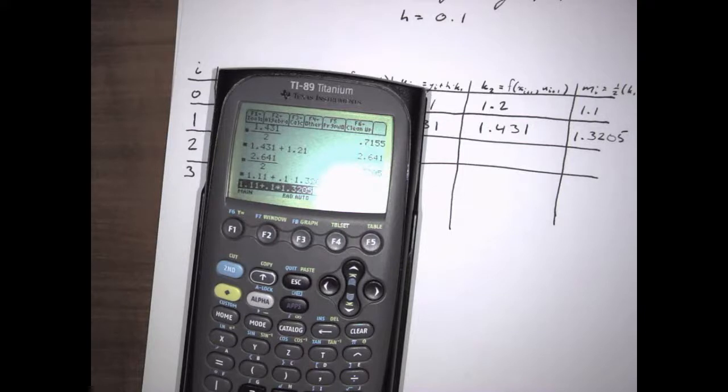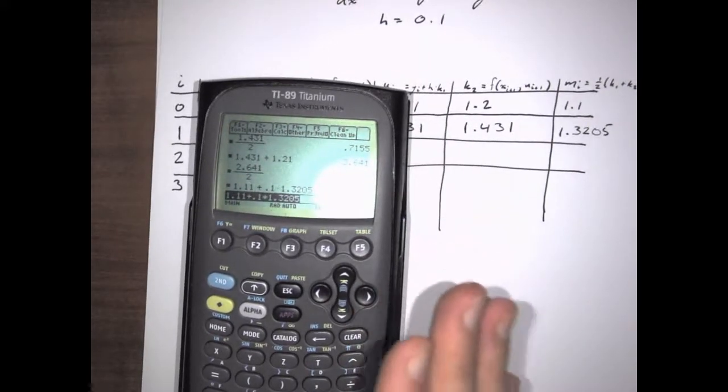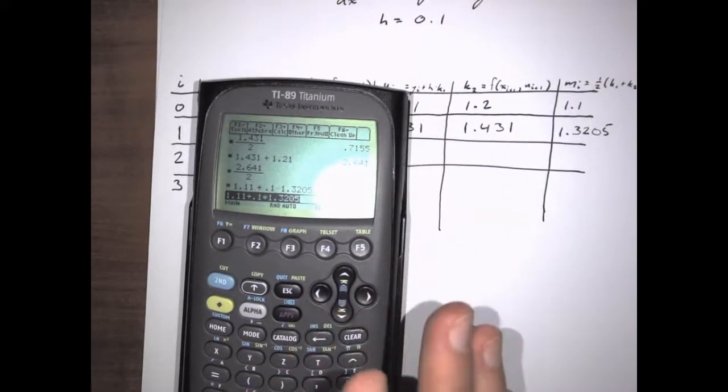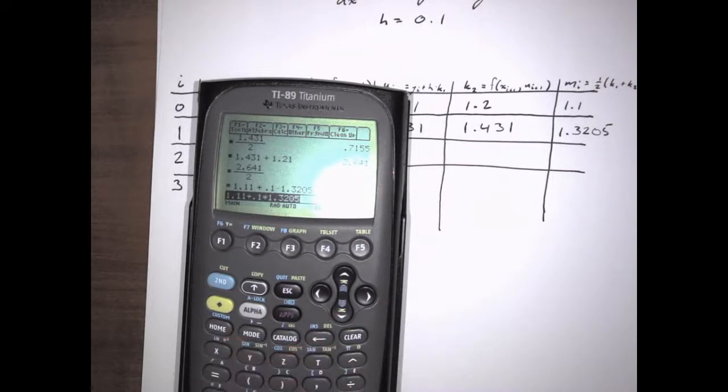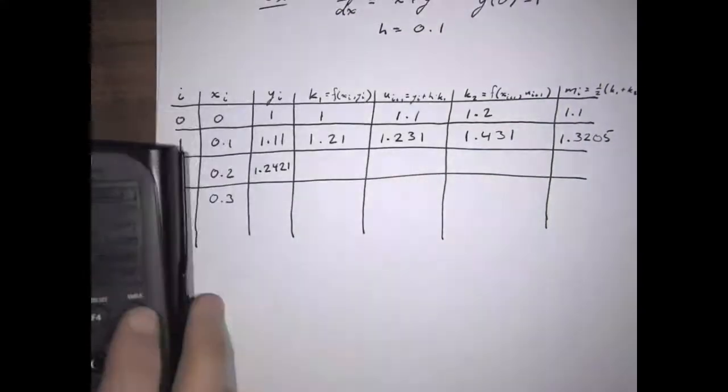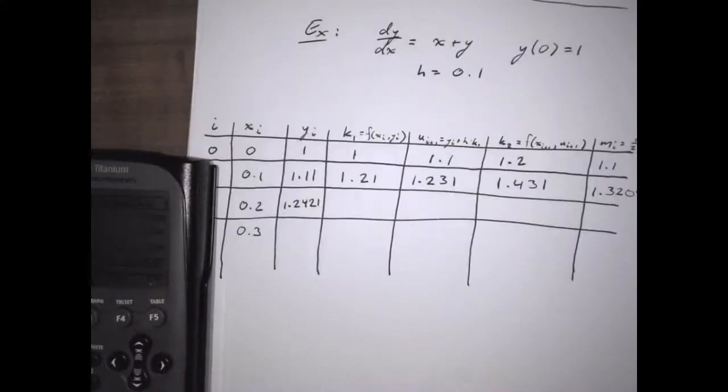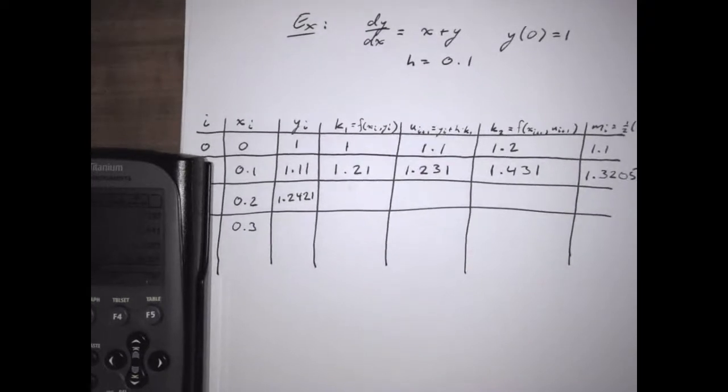However, if you wanted to do something like this, you would need to get a lot more creative in organizing your tables, and it would be more trouble than it's really worth. So the TI-89 can't really do Heun's method. It can do Euler's method, and it can do Runge-Kutta's method, which is a more sophisticated one, but it can't do the intermediate method, the one that we're dealing with right now.